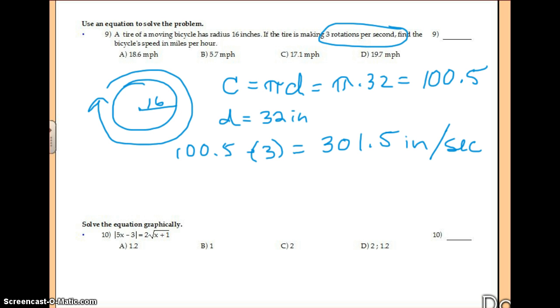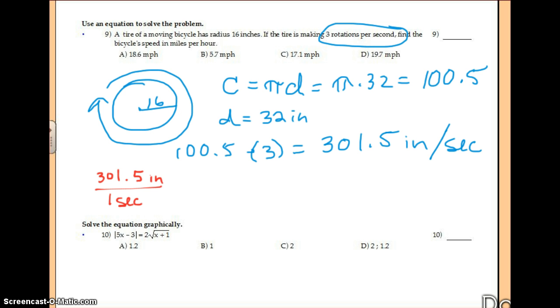I'm just going to do a conversion because I want to change inches per second into miles per hour. I start out with 301.5 inches in 1 second.